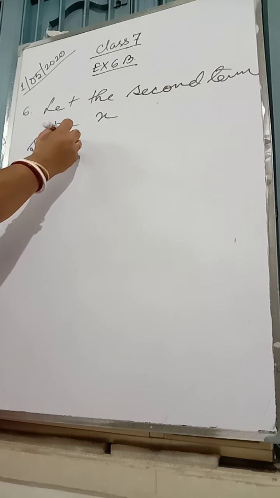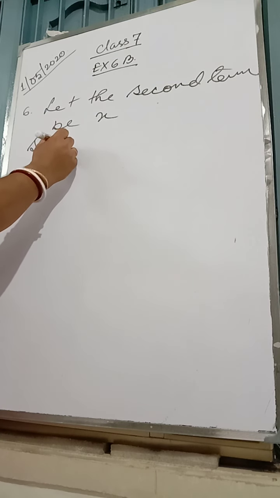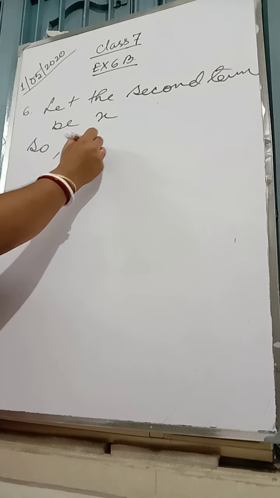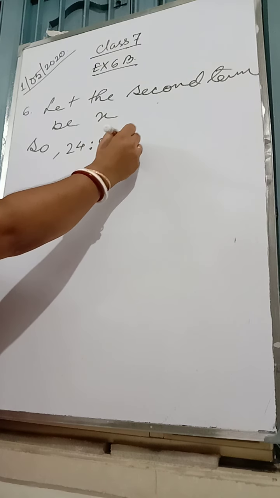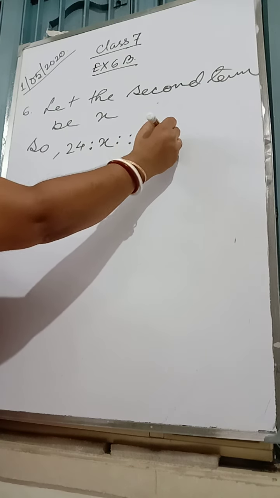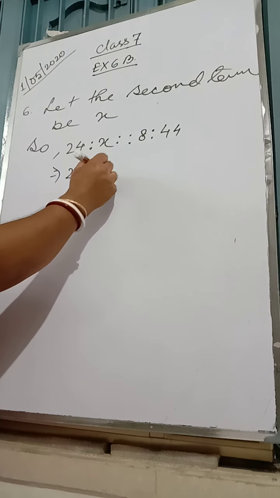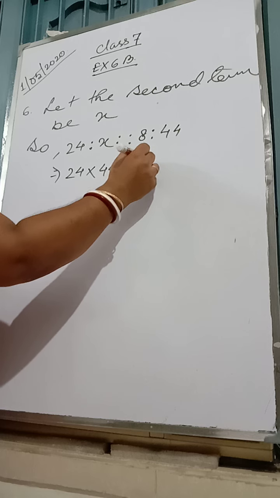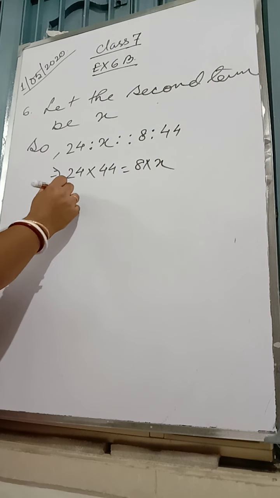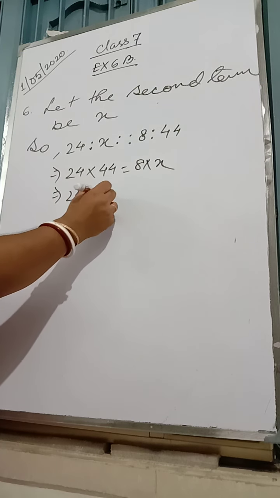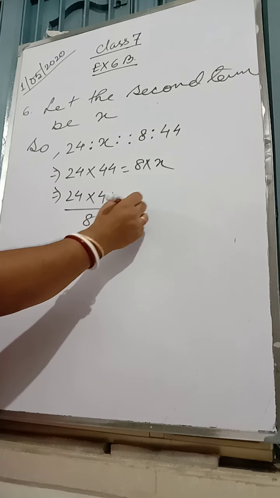So 24 is to x proportion with 8 is to 44. So 24 into 44 is equal to 8 into x, or 24 into 44 by 8 is equal to x.